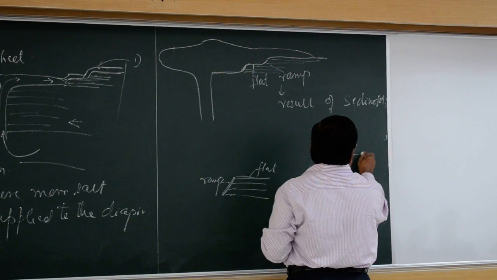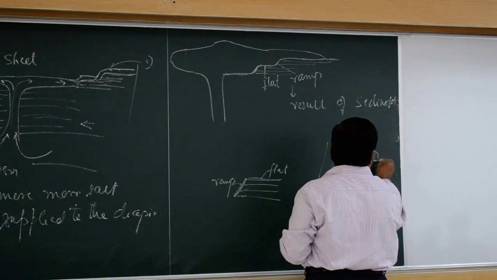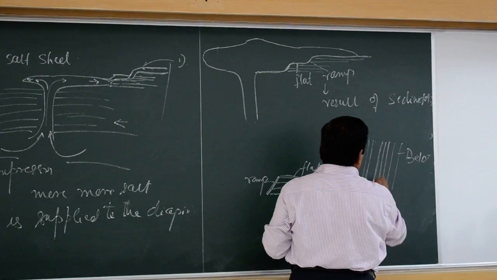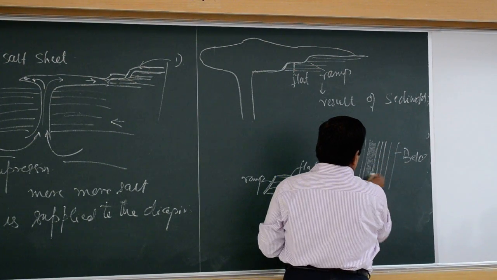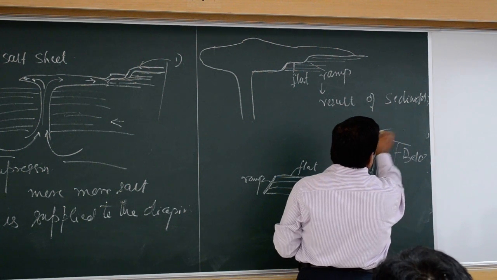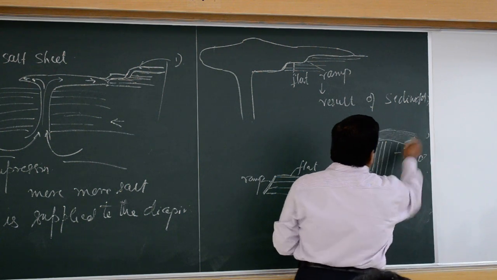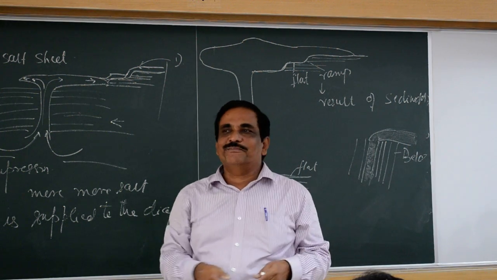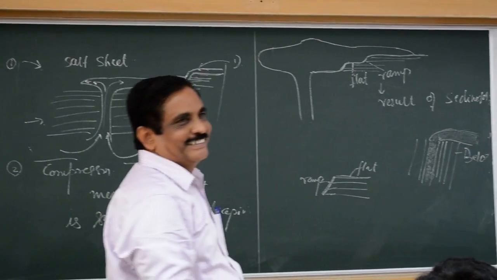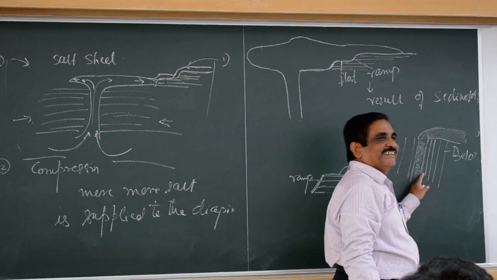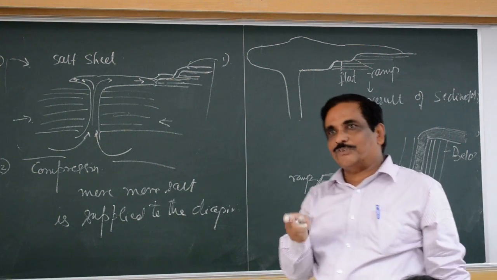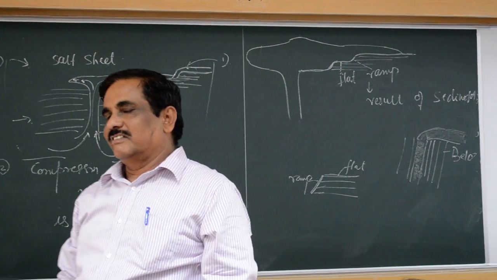These are the beds, and there is an inclusion like this. So which part is flat, which part is ramp? That definition you try to understand. This will now be flat. So flat is not horizontal. Flat is with respect to the surrounding structure. Remember.